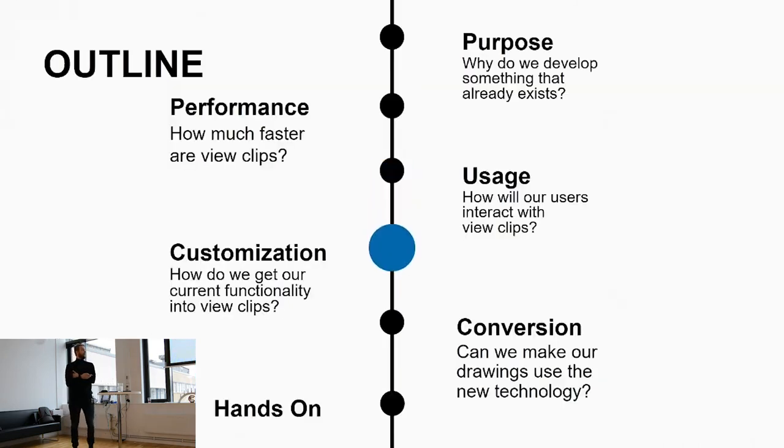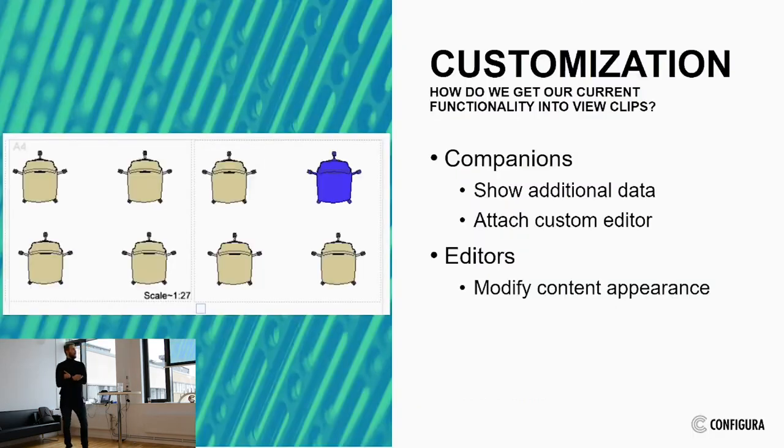So, how do we get the current functionality into view clips? Some viewports have extra functionality. For instance, they want to display the scale down here, which is supported in the classic viewport. Some might, for instance, count the number of snappers in the viewports, or show how much the viewport would cost or something.